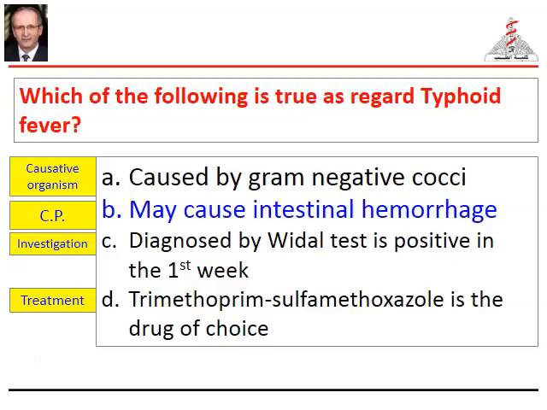Now, you can notice that A is asking about the causative organism. B is asking about the clinical picture. C is asking about investigations, and D is asking about treatment. You are actually asking about everything in the lecture on typhoid fever.